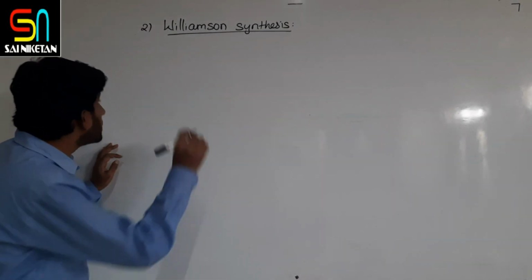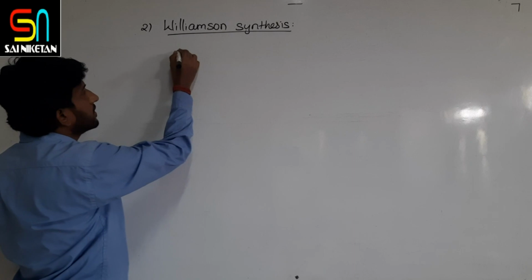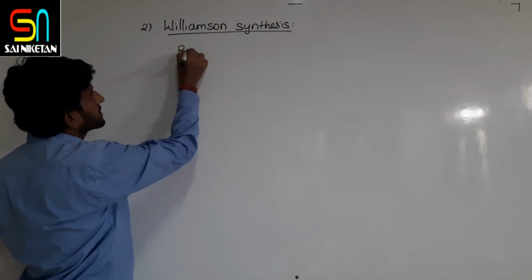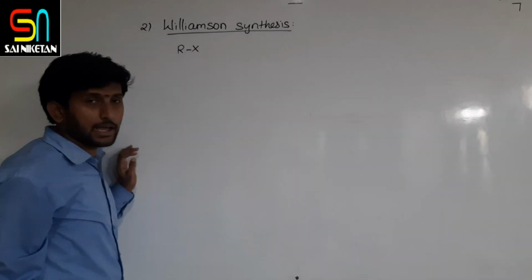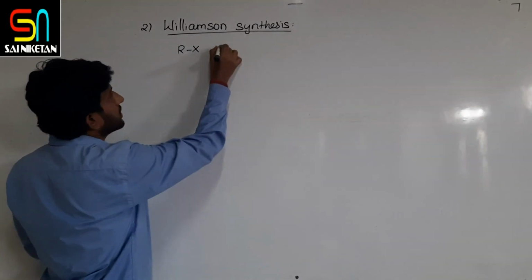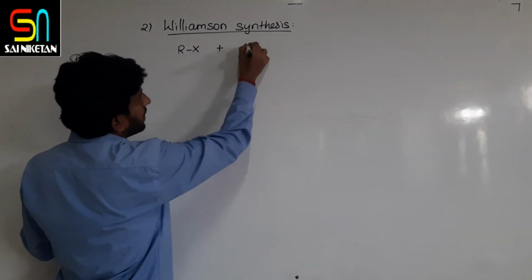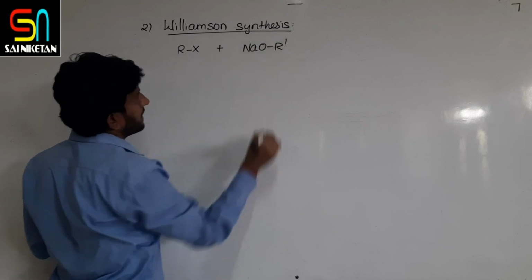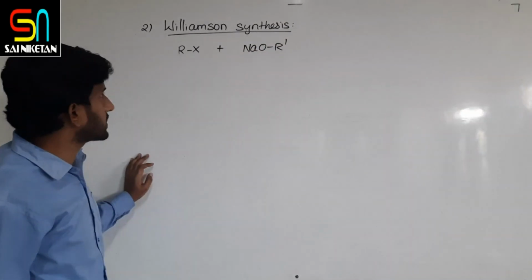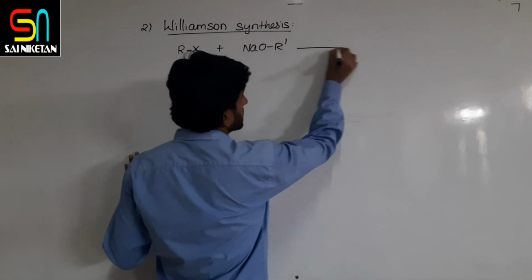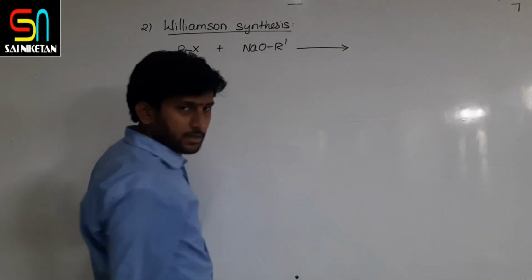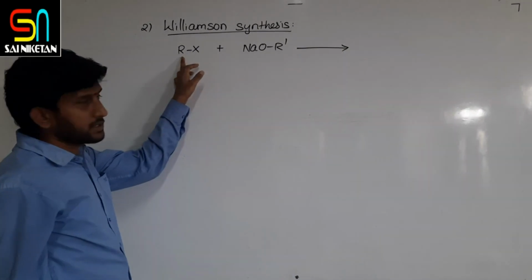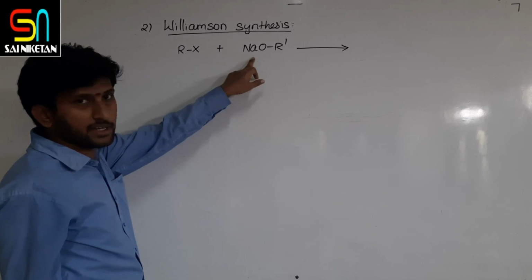It is when alkyl halides react with alkoxides. When alkyl halides react with alkoxides, you observe that X and Na are eliminated.